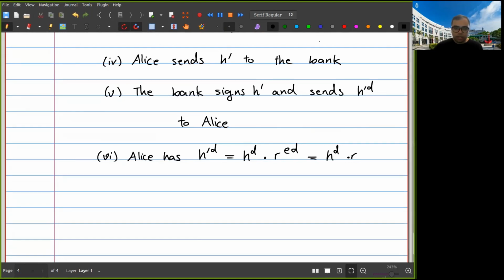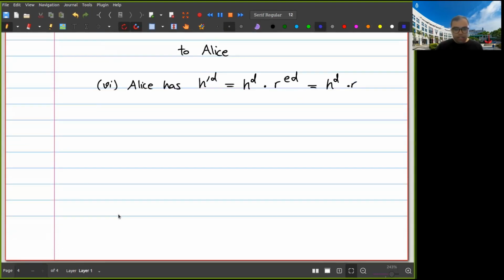So now in this step, let me just use another color. Alice computes H to the power of D, which is just H prime to the power of D, which was given to her by the bank, divided by R. And I'm saying divided by R, but actually what I mean here is multiplied by the modular multiplicative inverse of R, right?